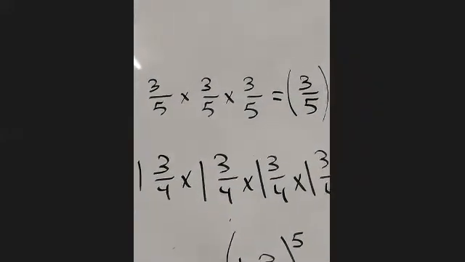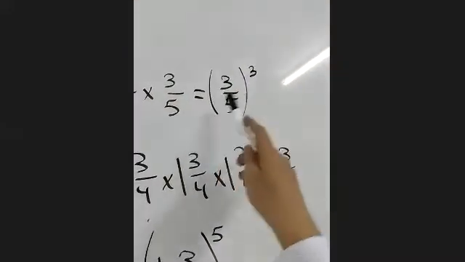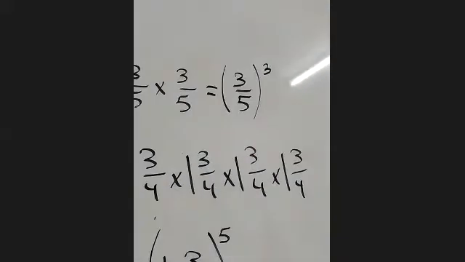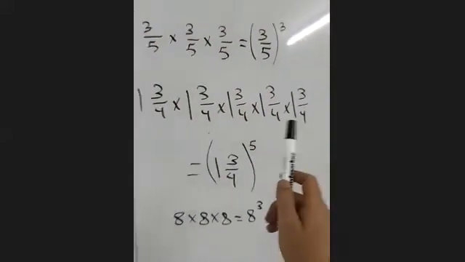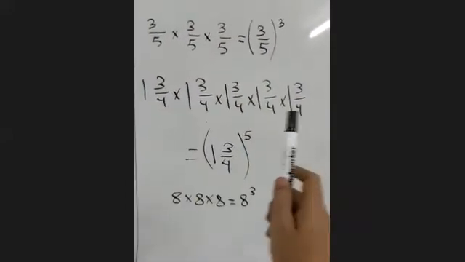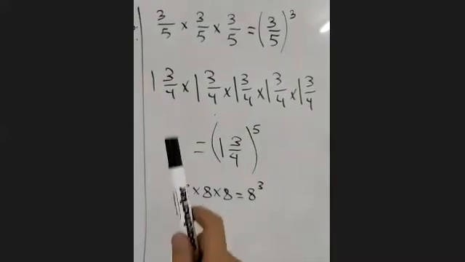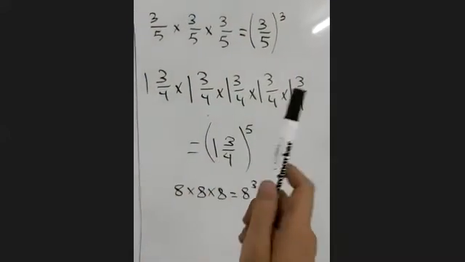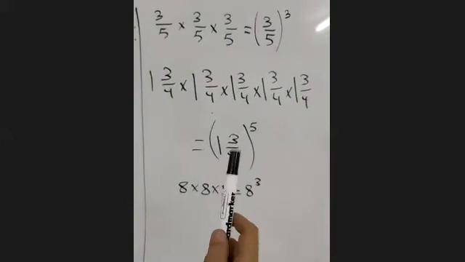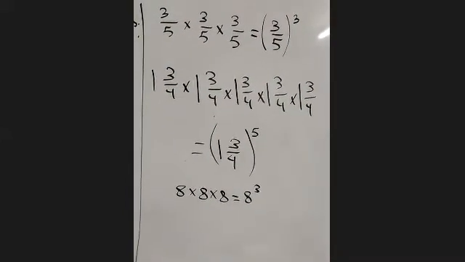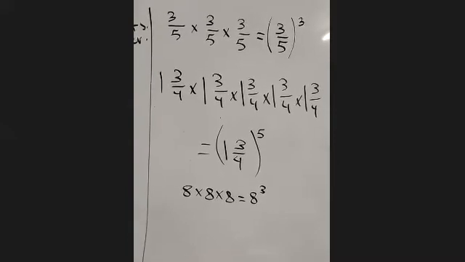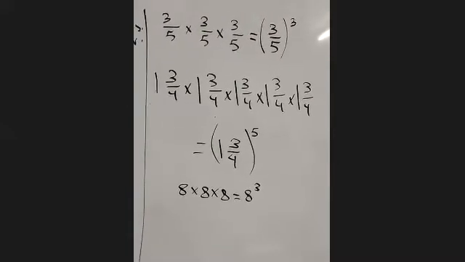Three. So 3 over 5 in a bracket and we put the exponent up here. Here, how many 1 and 3 over 4 do we have? 1, 2, 3, 4, 5. Yes, 5. So bracket with the fixed number and here the exponent. It's easy, right? Yes. Good.